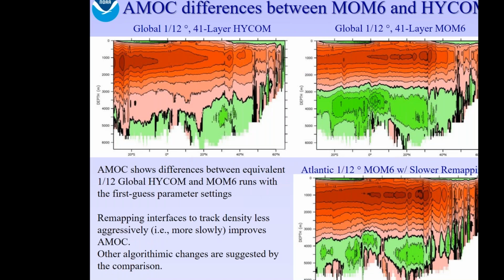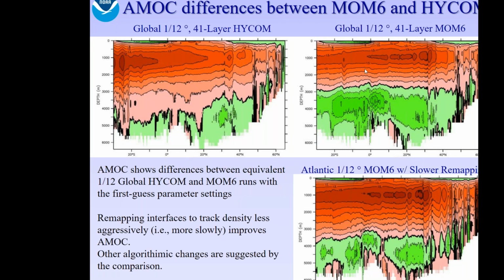Here's another example where in these 41 layer simulations, this is quite a bit lower vertical resolution than we had been using in our climate models, but the overturning circulation in the 41 layer HYCOM is doing reasonably well with a very nice deep North Atlantic outflow, much deeper than we were getting in the 41 layer global MOM6.